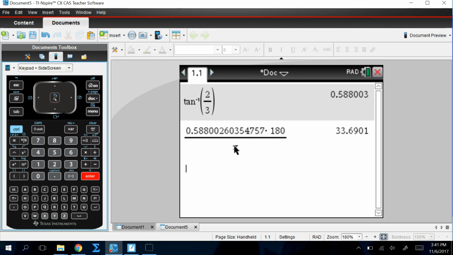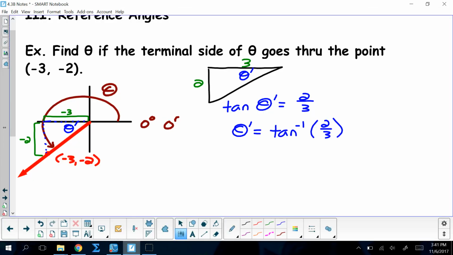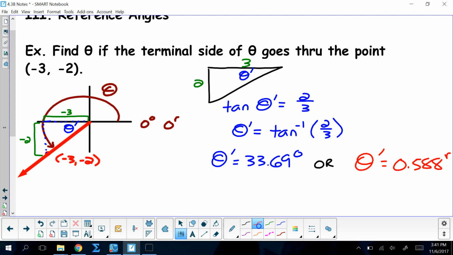So my reference angle in degrees is going to be 33.69 degrees, or my reference angle is going to be 0.588 radians. But that is this angle right here.